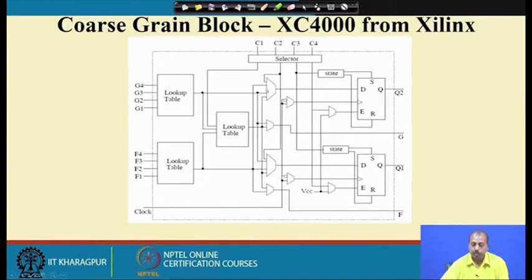So, this is a 4 input multiplexer. You can pass any of these 4 inputs to this D flip flop. Similarly, for the lower side we have got another D flip flop, and you can pass this combinational logic into these flip flops, and as a result the value will be stored.